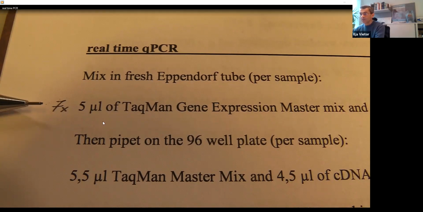So once again, using this technique is a kit. We have a gene expression master mix. The largest volume is 5 microliters. We have triplicates for each sample, so 3 times wild type, 3 times knockout material. But because it's a small volume, I have written here it's for 7 samples to have some reserve.